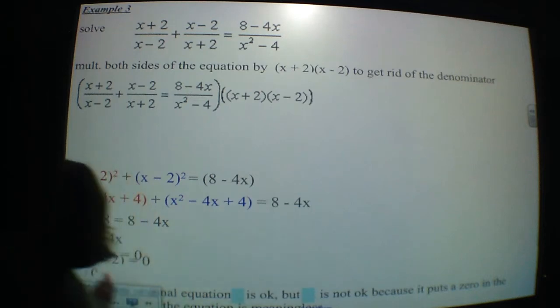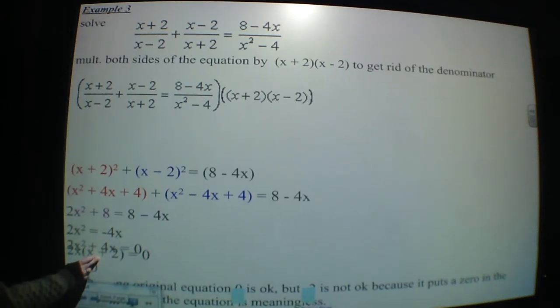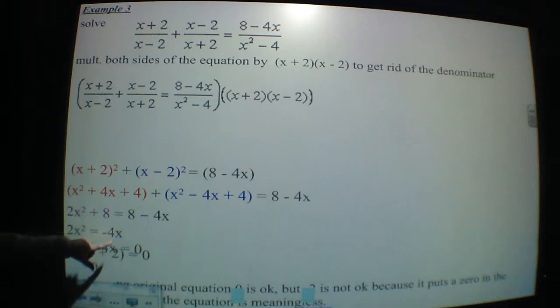Whoops. Hard to read that. So you have 2x squared plus 4x. Factor out an x is common, and also a 2 is common. So if I factor out a 2x, I'm left with x here. I'm left with 2 there.